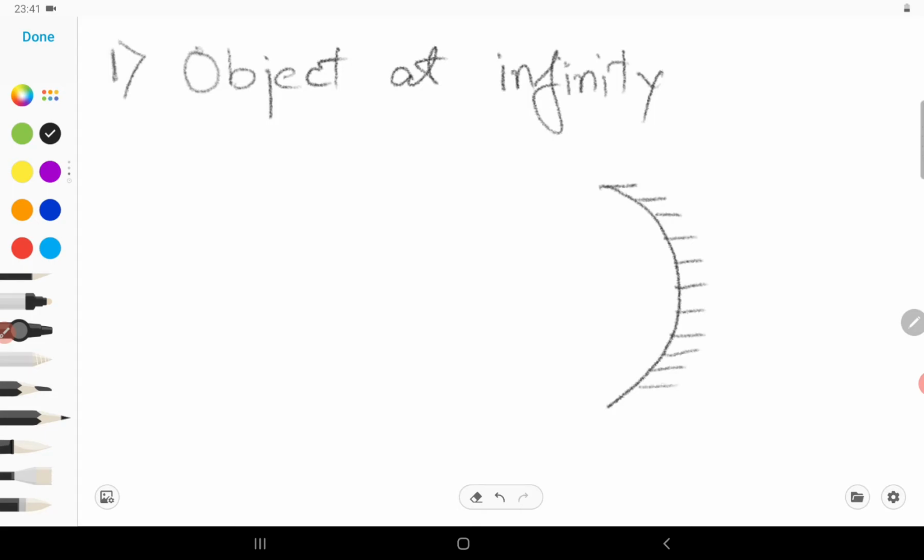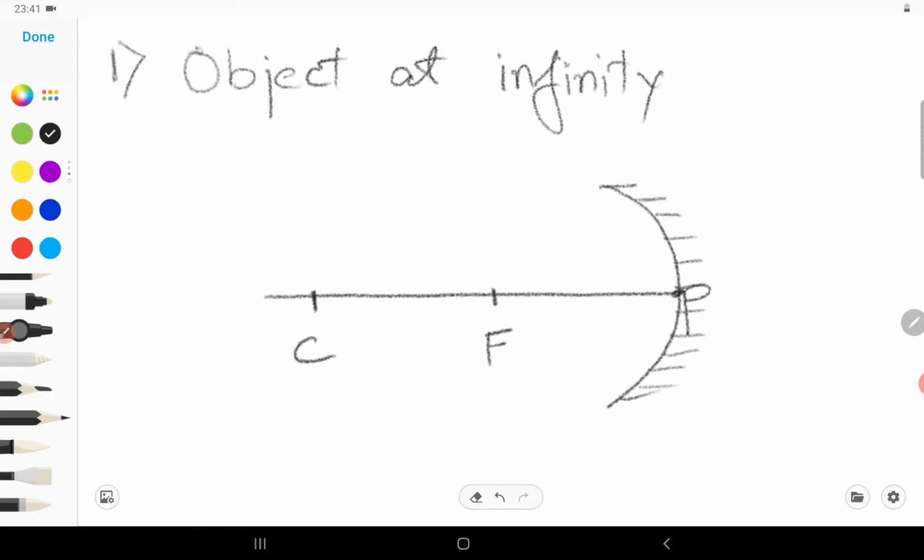Remember, this is for the concave mirror. Then we need to draw a straight line. This is the principal axis, and this point is called the pole. Then we need to draw the focus, and then the center of curvature.